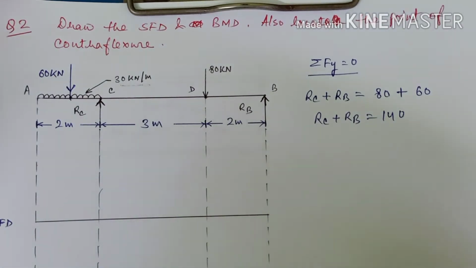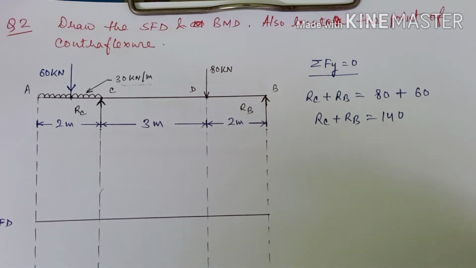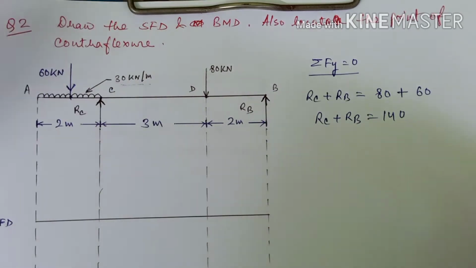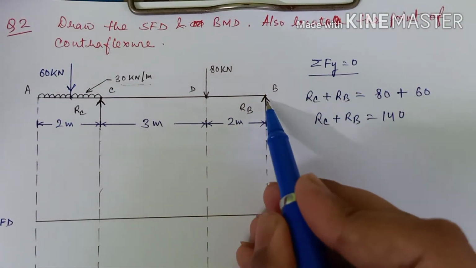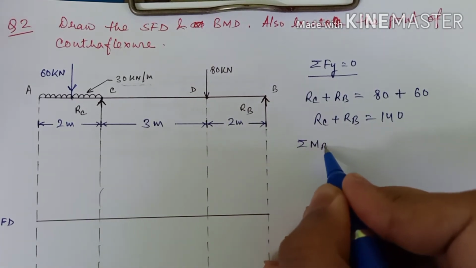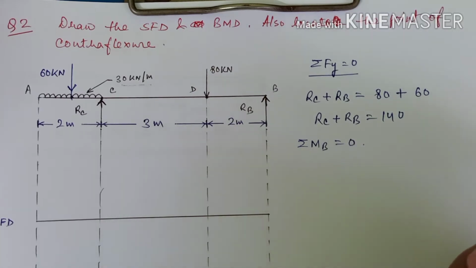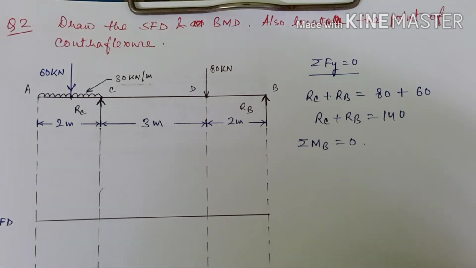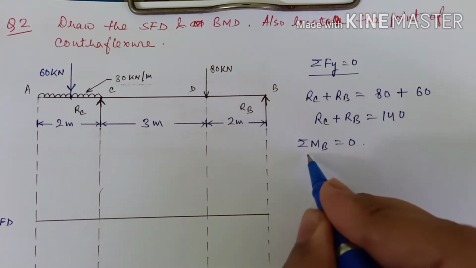So basically now we have to apply the moment equation. You can take moment about any point. For my convenience, I will be considering point B, that is I will be taking moment about B, which will be equal to 0, of course. I will be taking the anti-clockwise moment as positive, and the clockwise moment as negative.